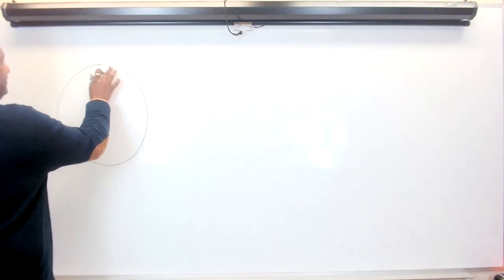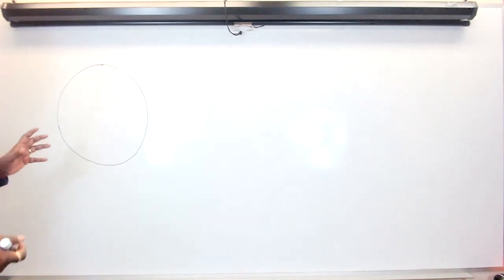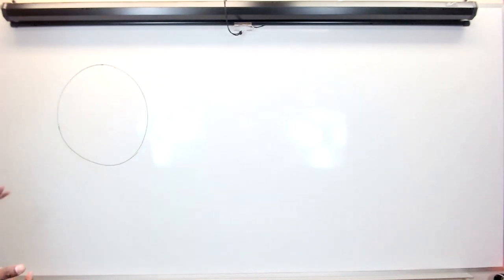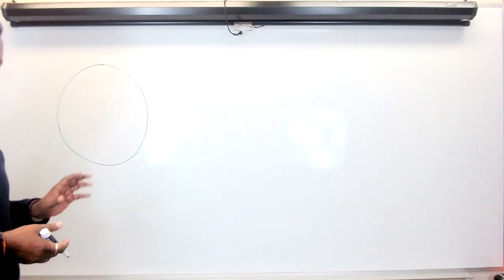See, this is the sphere. A 3-dimensional sphere has been drawn on a 2-dimensional plane. This is the way we're going to see it. It looks like a circle, but it's not a circle. It's a 3-dimensional figure.